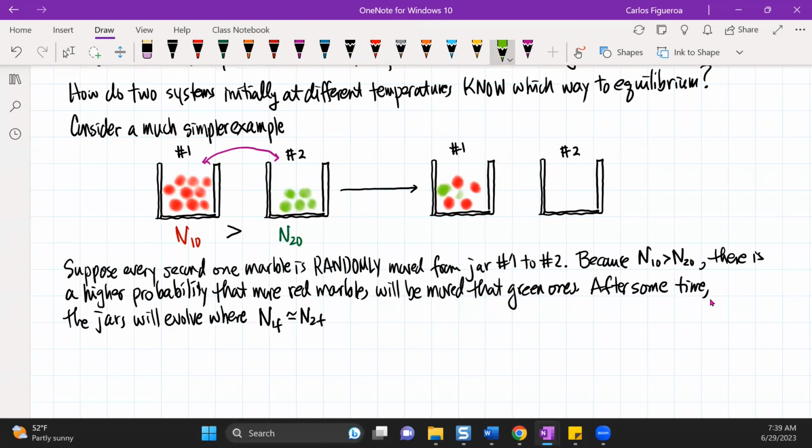So let's say I'm going to have this, and then these red marbles, whatever combination we want to look at. I'm not counting the marbles, but you're seeing here that the final number in jar 1 and the final number in jar 2 are approximately the same.